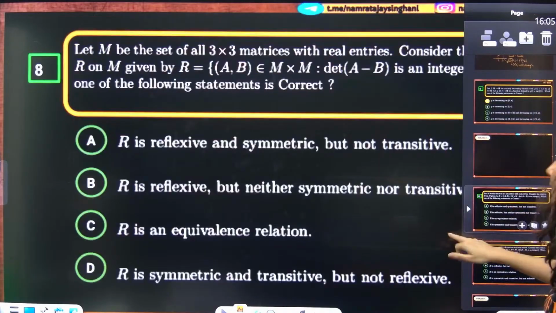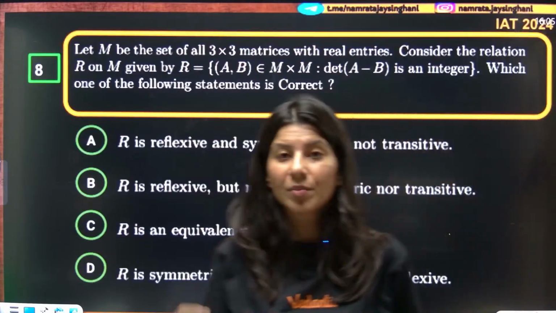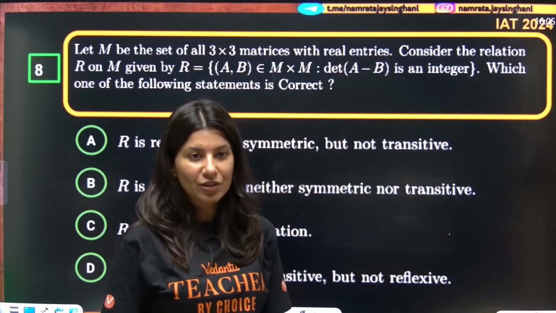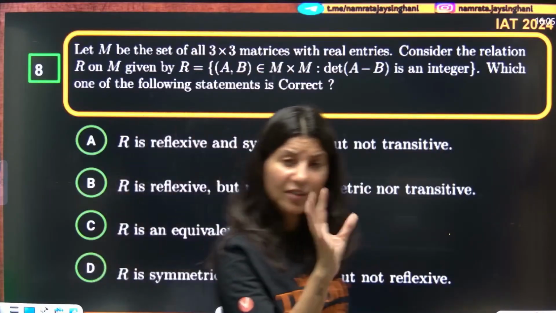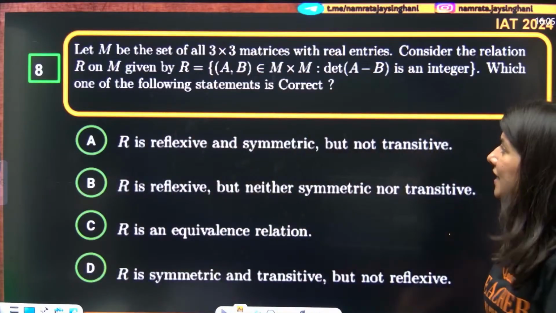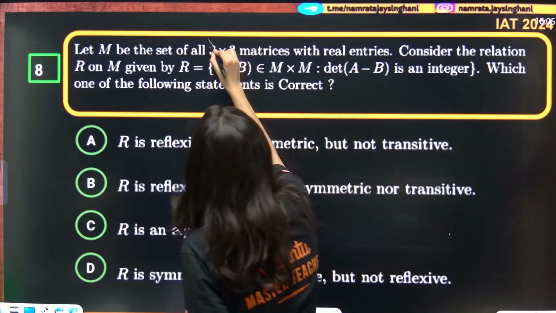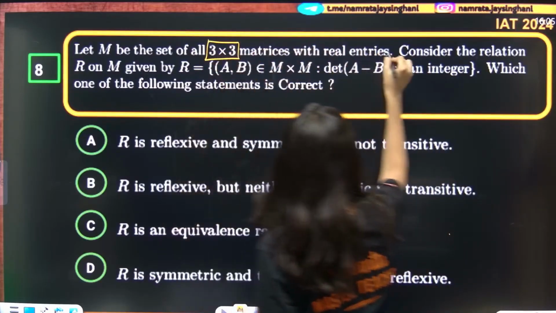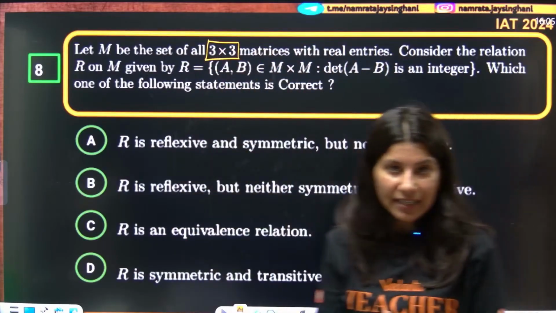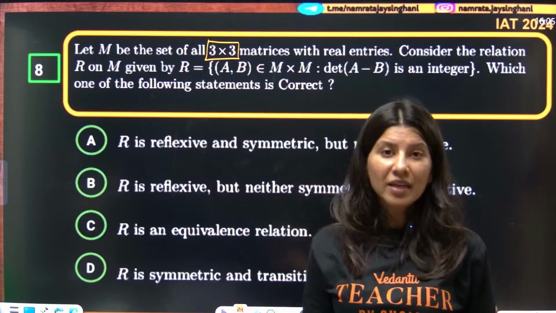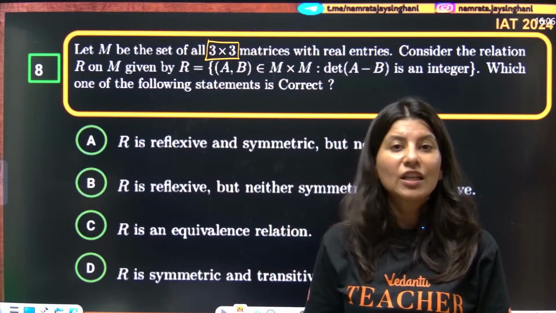Now the next question is on matrices and determinants combined with relations and functions, especially relations, equivalence relations. Now they are saying that M is the set of all 3 cross 3 matrices with real entries. So there is this set M which has a lot of matrices of order 3 cross 3.